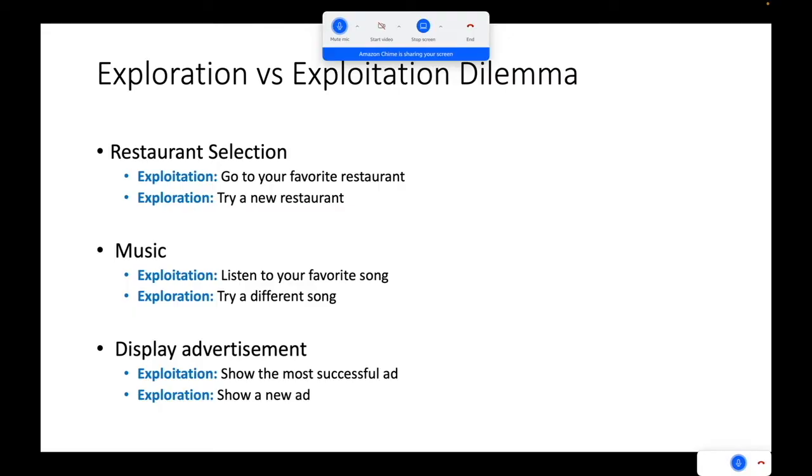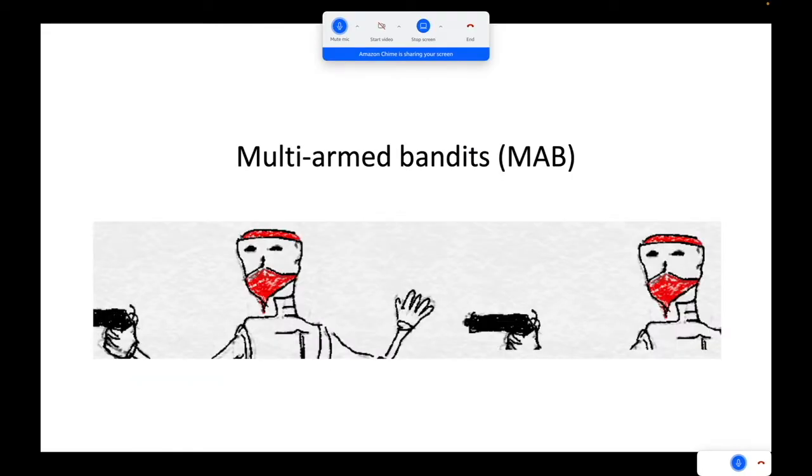Or if you're very unsure, like if you're taking your guest, you might want to go to a restaurant where you're more confident. So take them to your favorite restaurant. Similarly, for other scenarios like listening to music or deciding what ads to show, again, explore and exploit will prove extremely useful.